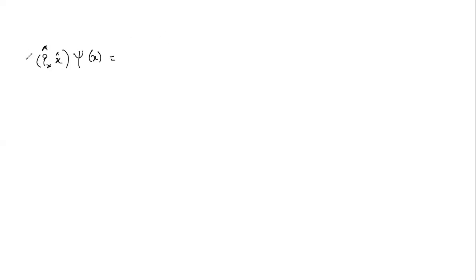Now recall that from the postulate, the momentum operator p hat is the same as negative j, where j is the complex quantity, h cross d dx. So once we plug that in, then we'll be able to expand this entire process to be the same as negative j h cross d dx, which is the momentum, and then x, which is the position.